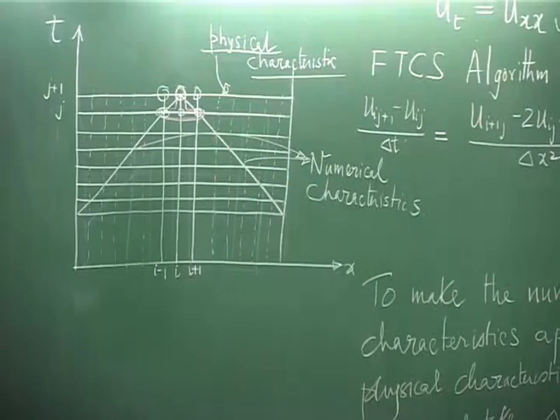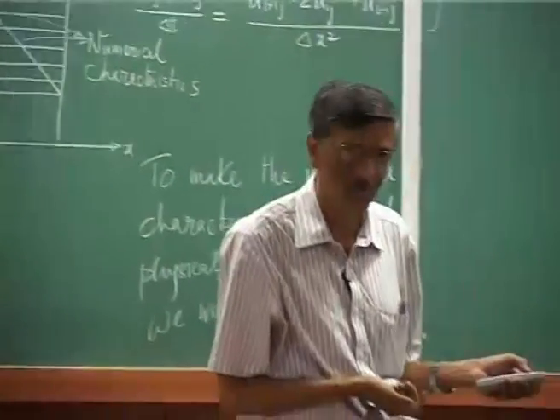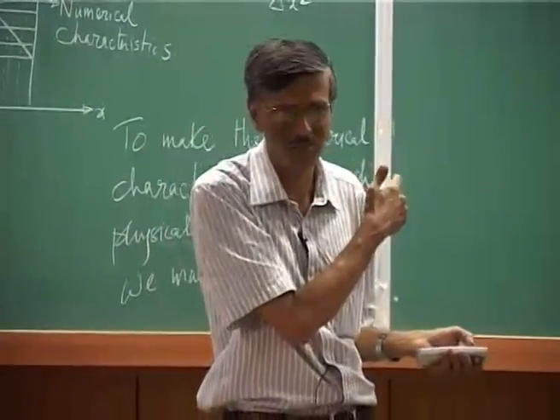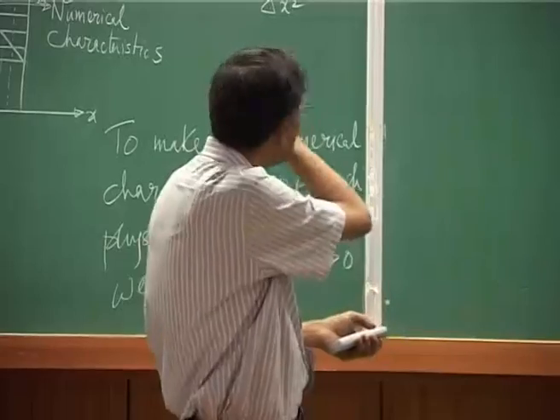So this is the sequence. Depending on the choice of lambda, we could do many things. For example, if I set lambda equal to 0, that is, I do not evaluate the derivative at the advanced time level and get everything from the previous one, then we go back to our FTCS algorithm, which we can very clearly see. This will be simply what we have written over there.